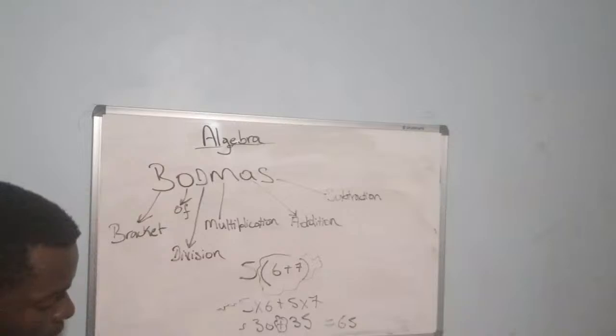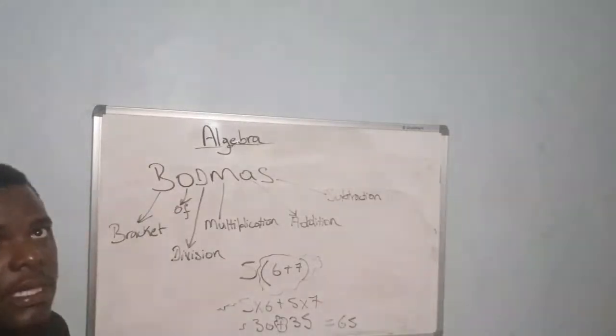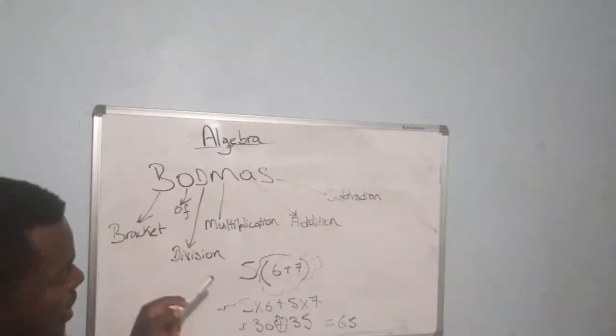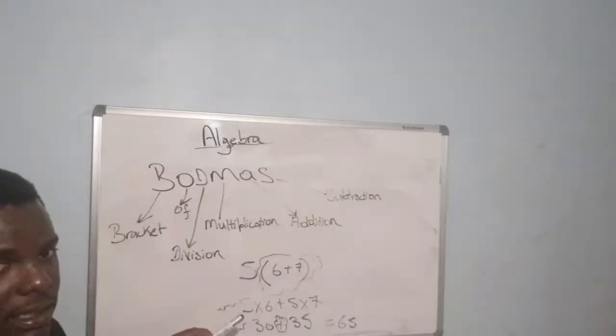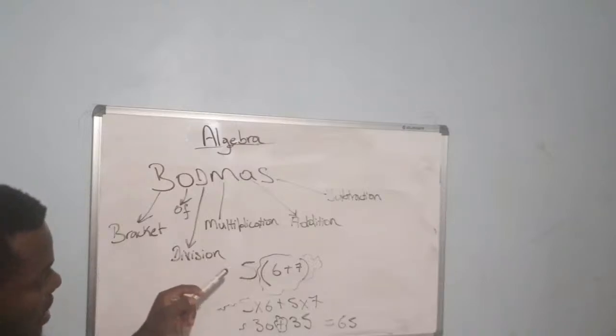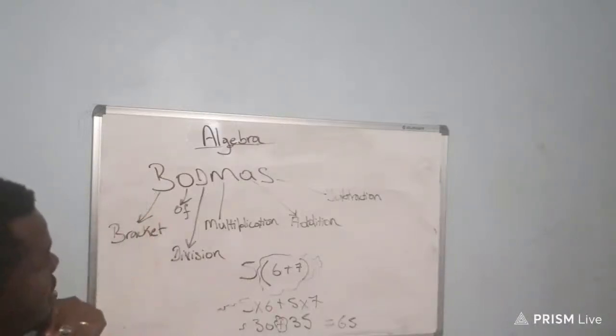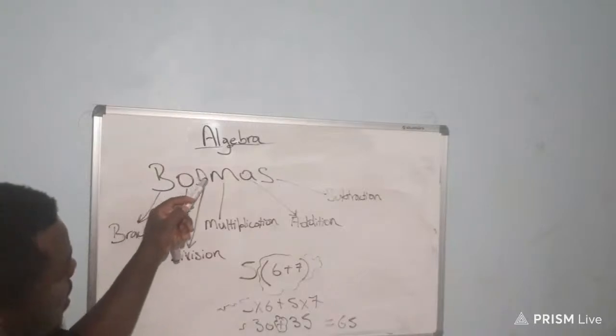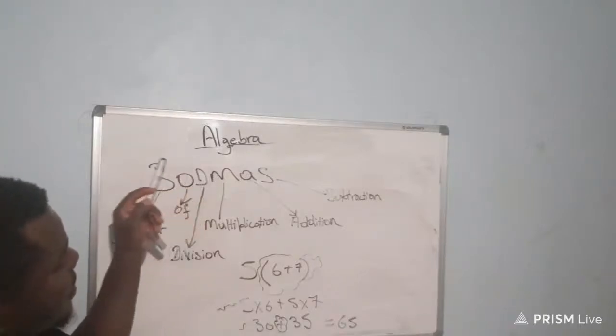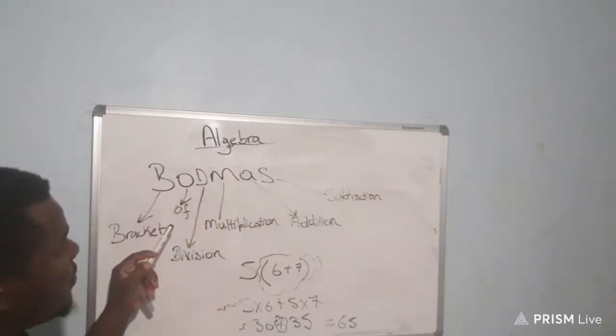So whenever you see a problem, the first thing you should try to do is identify wherever you see a bracket and work that out. And then whether division or multiplication, you work those out first.